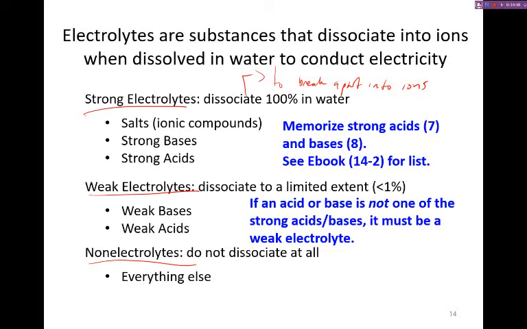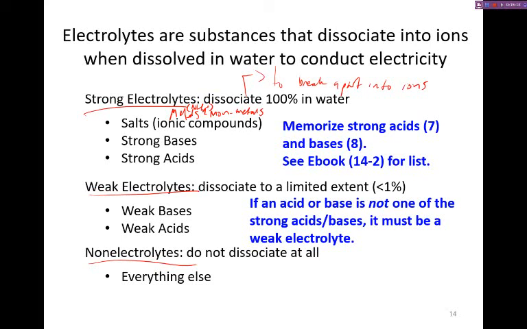And there's three classes of compounds that are going to do this. The first is salts, which are ionic compounds. And we already have talked about ionic compounds consisting of metals bound to nonmetals. The exception to that being the ammonium ion. There are also strong bases and strong acids.